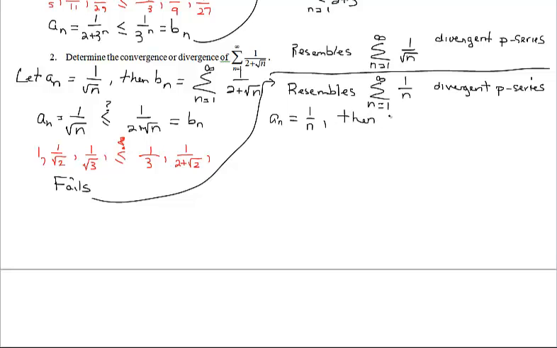So if it diverges, then let's let this be b sub n, the larger series. Okay, so we'll do some term-by-term comparison. So is a sub n, the smaller series, 1 over n, less than or equal to, question mark, 1 over 2 plus square root of n?